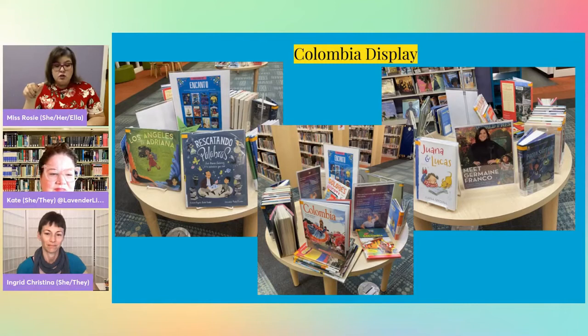She does Juana and Lucas, and now she has a new series called I Will, I Am, and that's a really great one. You can also find books about characters. You can go to the art section in the reference and look for Fernando Botero, or biographies about Gabriel Garcia Marquez. That's how I made this particular one.